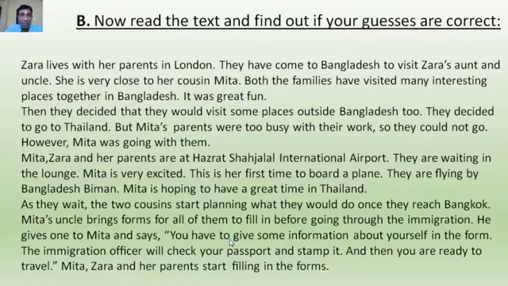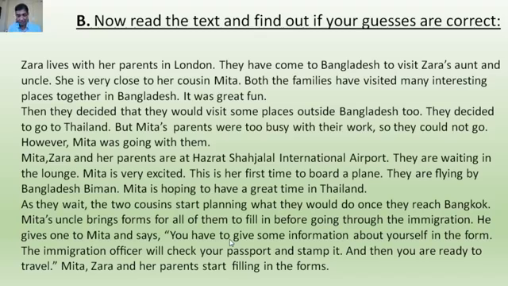So now activity B. Read the text and find out if your guesses are correct. I am going to read the text. Listen to me carefully. Jara lives with her parents in London. They have come to Bangladesh to visit Jara's aunt and uncle. She is very close to her cousin Mita. Both the families have visited many interesting places together in Bangladesh.